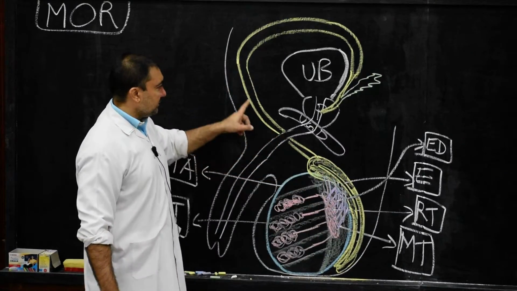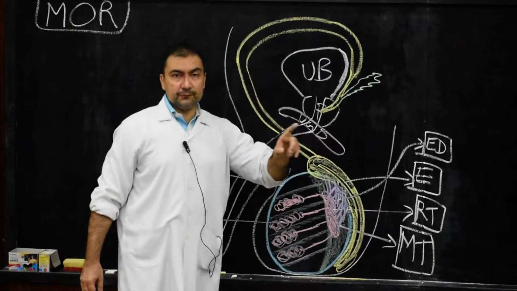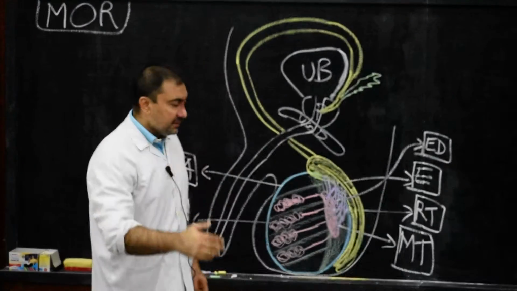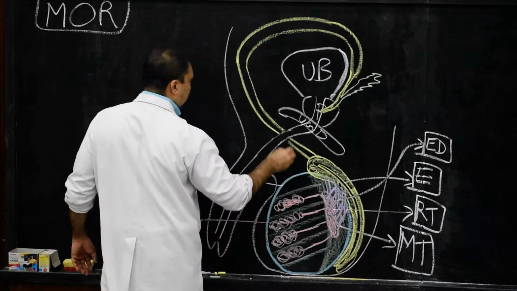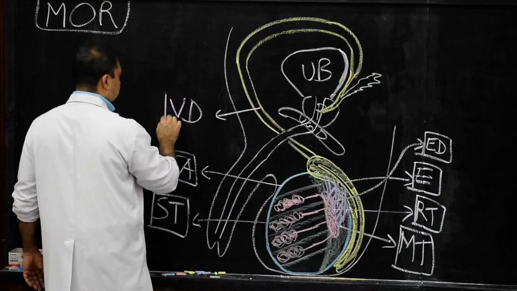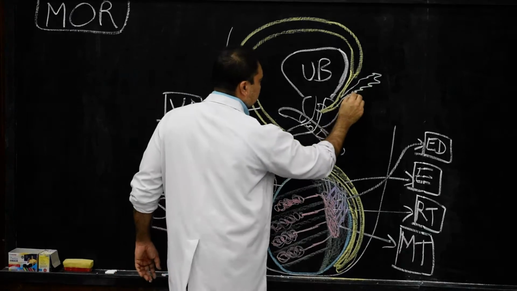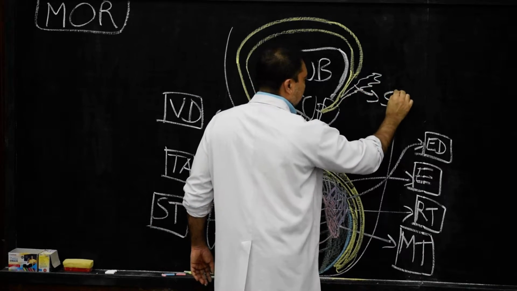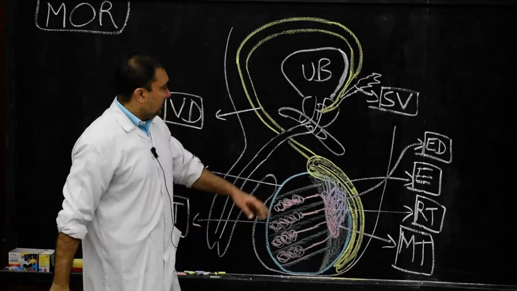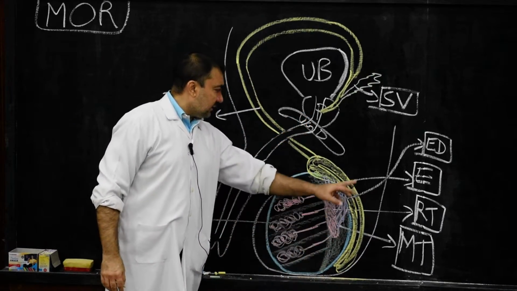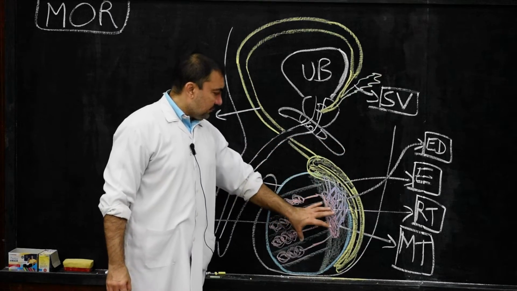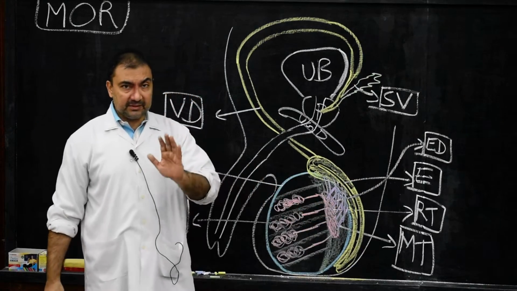From the tail of epididymis, this vas deferens is 45 centimeter or 18 inches in length. Here we will name this structure as vas deferens, and here this structure as seminal vesicle. This is how the entire ductal pattern of the male reproductive system is present.